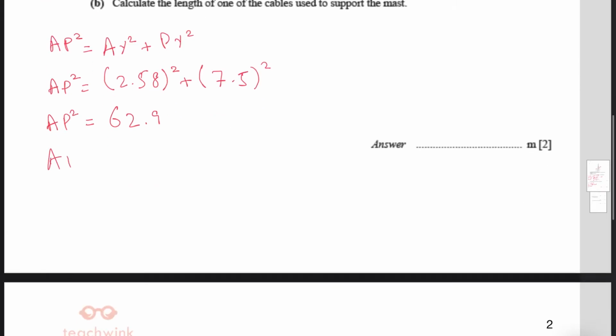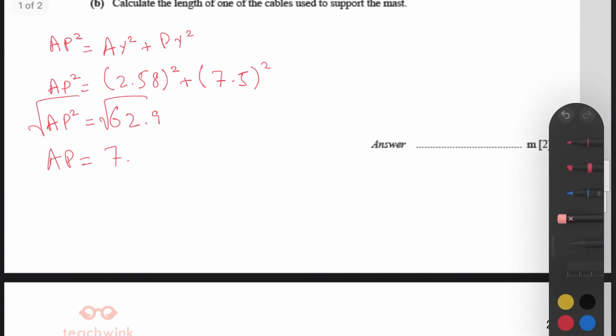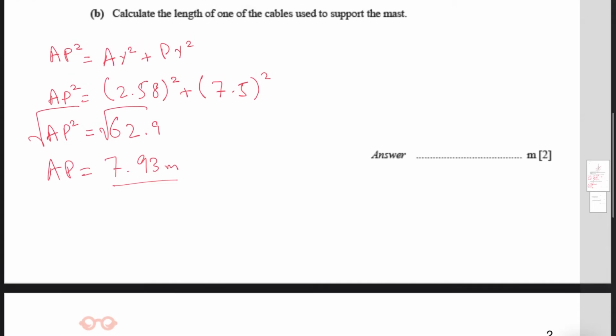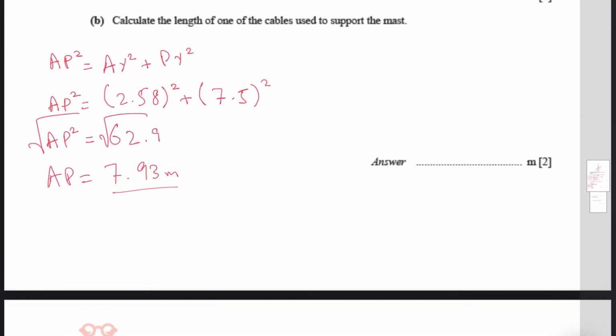So the length of AP can be found by finding the square root on both sides, and we get 7.93. 7.93 meters is the length of AP. That is the length of one of the cables. So you write it over here, 7.93.